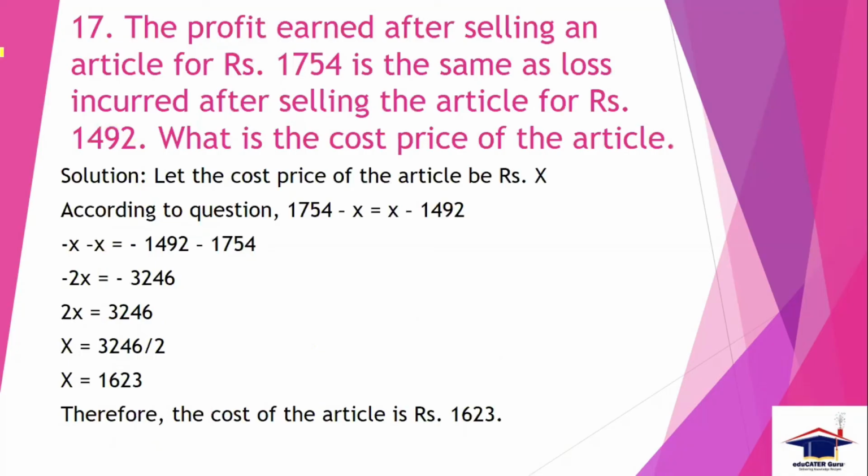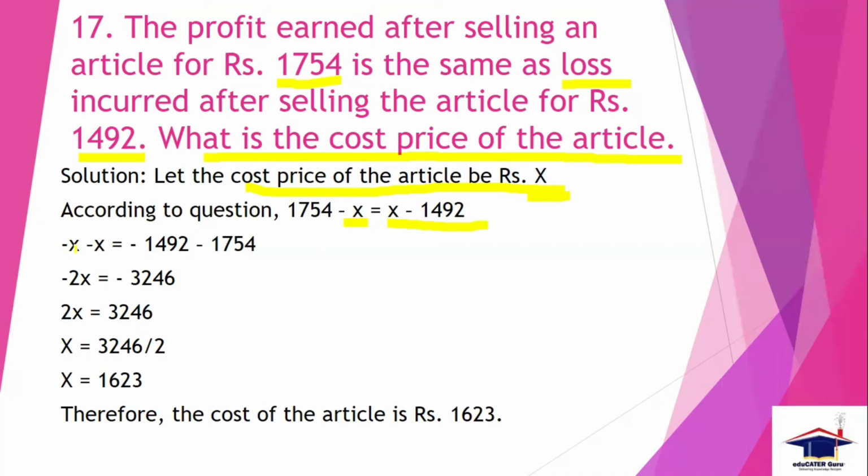Next, the profit earned after selling an article for rupees 1754 is the same as the loss incurred after selling the article for 1492. So we have to find the cost price of the article. Since we don't know the cost price of the article, let us keep the cost price of the article as X. Then, according to the question, the profit earned after selling the article for 1754 is 1754 minus X, which equals X minus 1492.